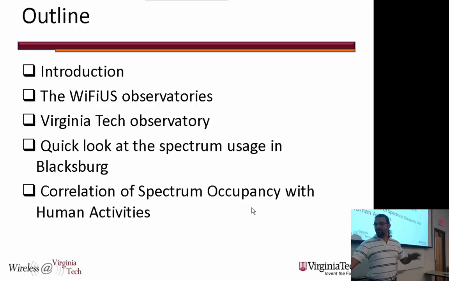Then we will focus on the system installed here in Virginia Tech, taking a quick look at the spectrum occupancies here in Blacksburg. Then I will discuss some of the correlation studies that we carried out over the last few months on the spectrum usage with respect to the human events within the town of Blacksburg.